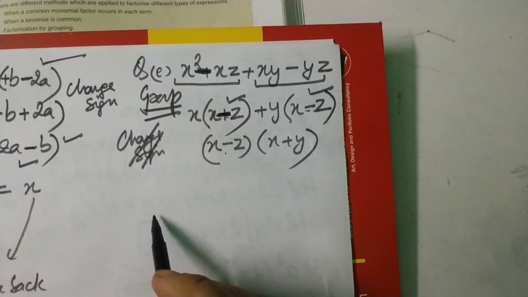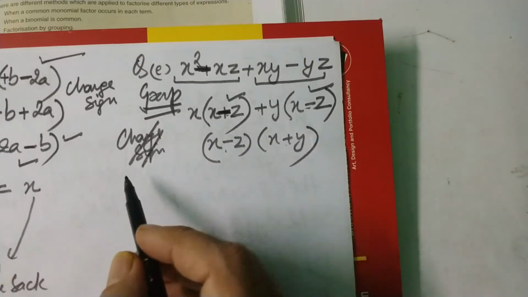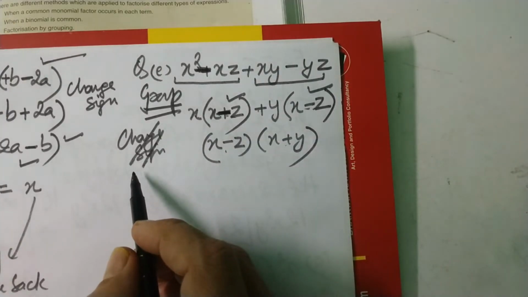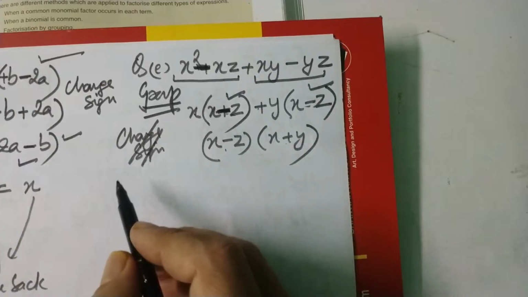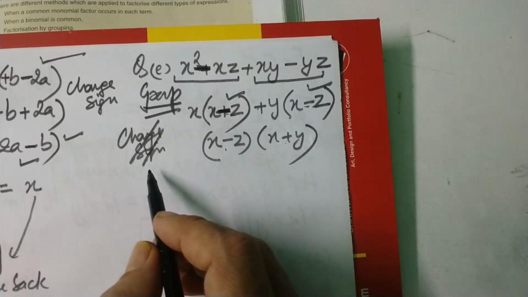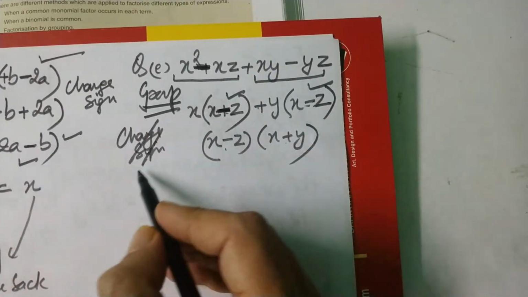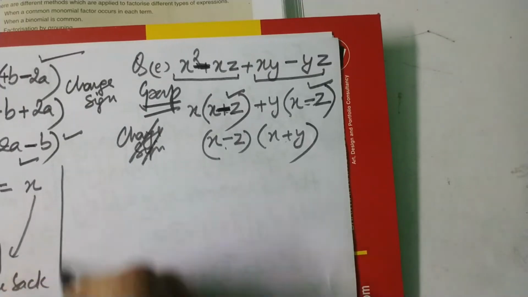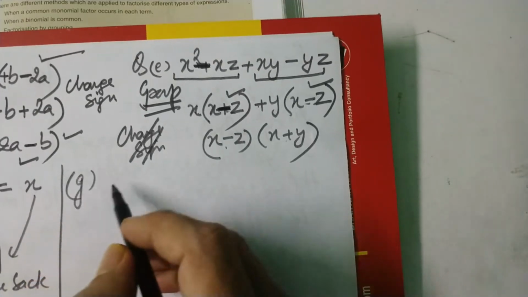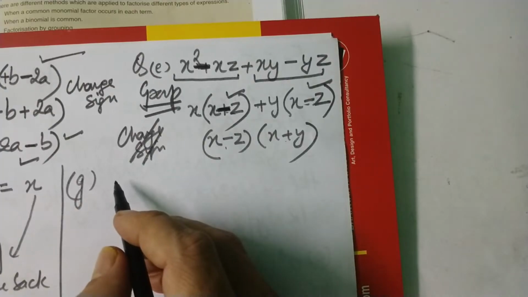See one more number. Yes, A, B, C, D, E, F, G part, E and G part. Now G is a number which has got many terms in it.